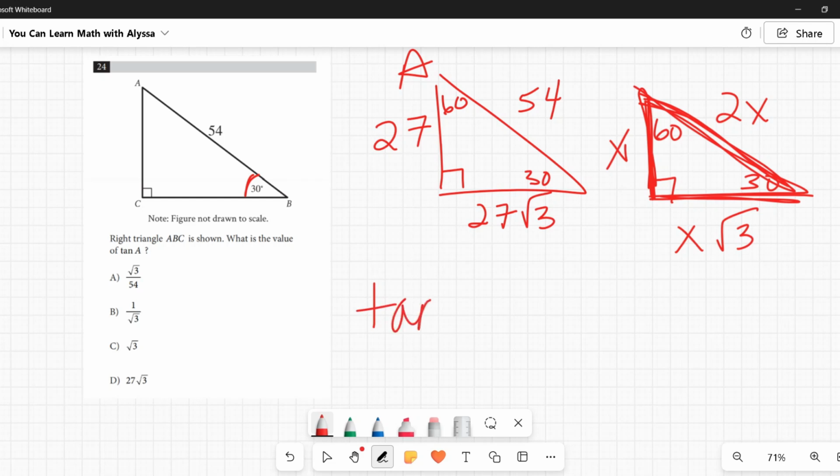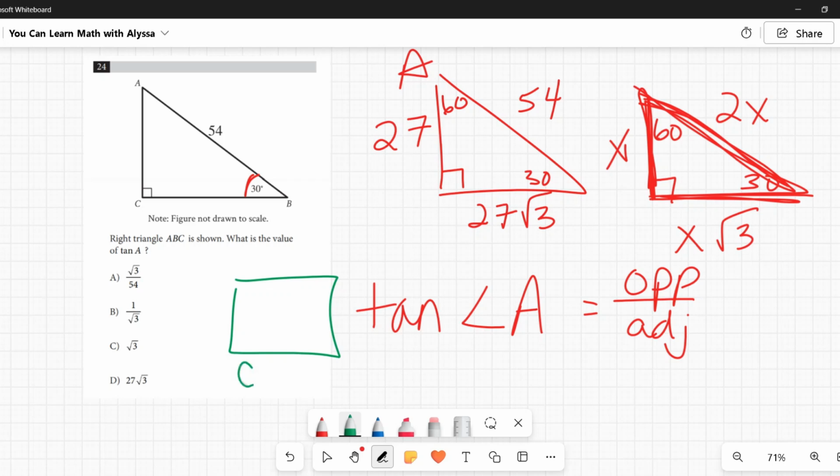Tangent is equal to, in this case for angle A, the length of the opposite side over the length of the adjacent side. The opposite side is kind of like, if I'm sitting at a table, there's someone sitting opposite me, I'm looking at them. Someone who's adjacent to me, I can bump them with my elbow.